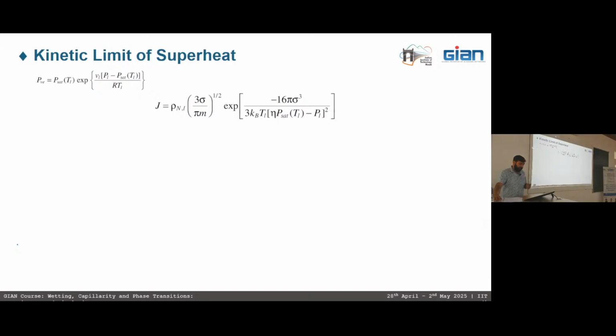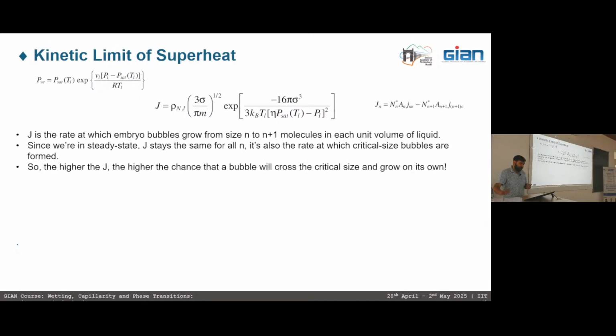So if we have a look here, J is defined as the rate at which an embryo bubble grows from size n to n plus 1 molecule in a unit volume of liquid. So J is defined as the excess number of molecules which grow from size n to n plus 1. And you can see in the term of J, there is nowhere we have n here. So it means that it is constant across all sizes of embryos.